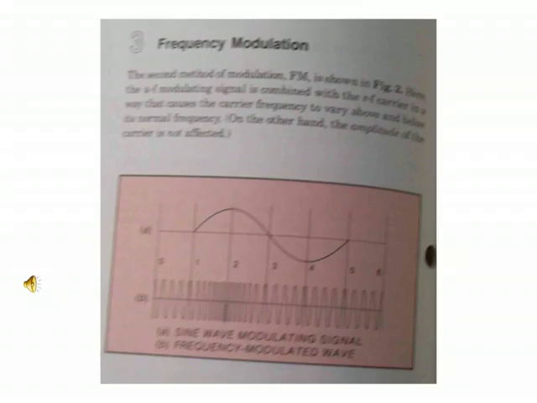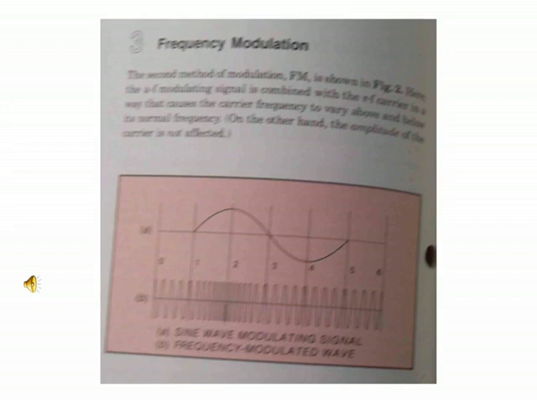This one is the frequency modulation. For the amplitude modulation, the vertical distance will vary. So the vertical amplitude will be the varying distance. The next one is the frequency modulation, meaning the horizontal length will vary. In this case, the audio frequency is combined with the carrier frequency. The audio frequency is a varying frequency, but the carrier frequency is a constant frequency.